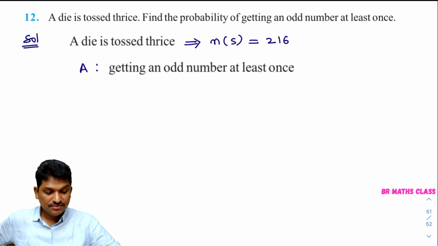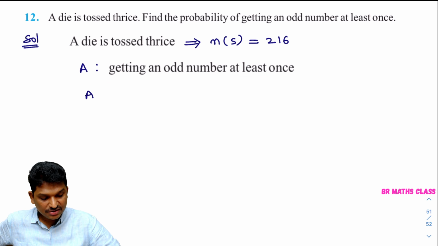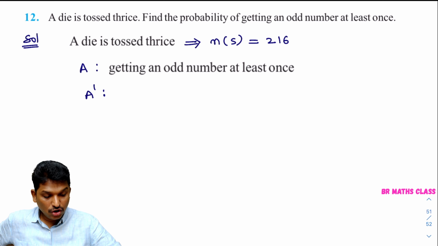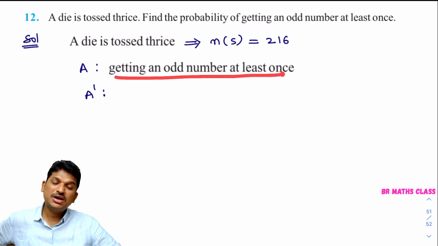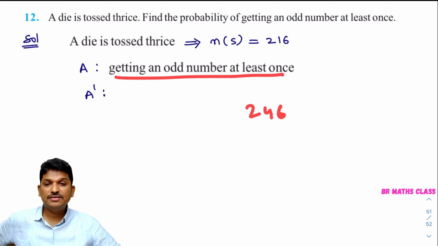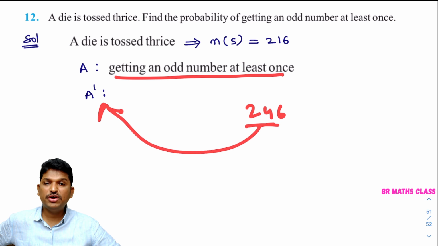What is A dash? Exactly the opposite of this: not getting an odd number at least once. Not getting an odd number at least once means what? Suppose 2, 4, 6 came. That is not getting an odd number at least once. This is A dash. I hope you are understanding.